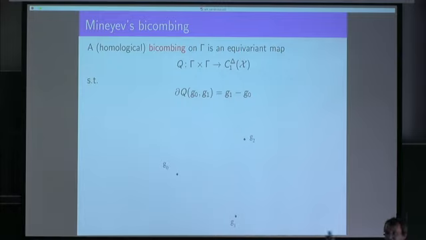So we need to add simplices. But this, of course, can be done. And this is the picture. So this is a one-chain connecting g0 and g1. And then one can construct triangles and so on.